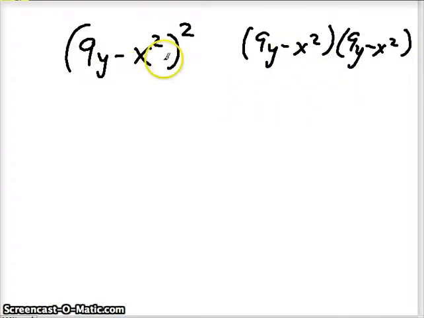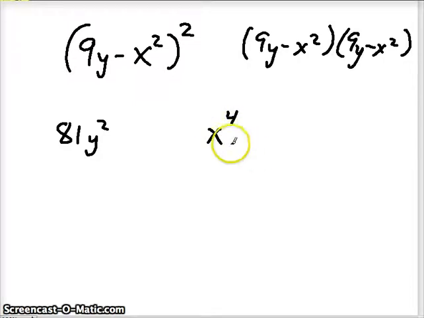Or we could recognize that this is a perfect square, and we could jump to the end if we remember that. So it's always the first term squared, so 81y squared. We know it's the last term squared over here, x to the fourth.